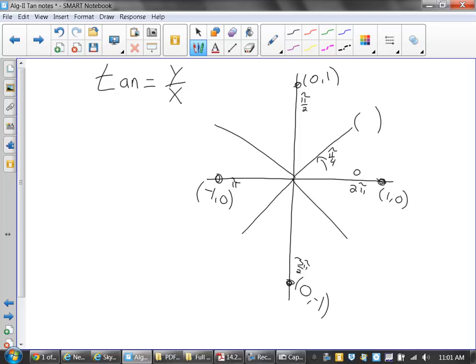So here's what we're going to look at. What is the tangent of 0? 0 divided by 1. Tangent of 0 is 0. What's the tangent of pi over 4? 1. What's the tangent of pi over 2? Undefined. How do you graph an undefined value?